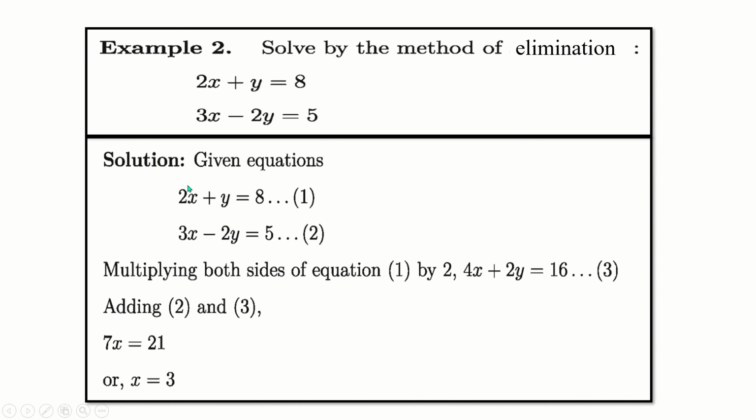But we have to subtract for vanishing x, because both here and here are plus. When the signs are the same we have to subtract, when given opposite signs we have to add, for vanishing x or y. Clear?